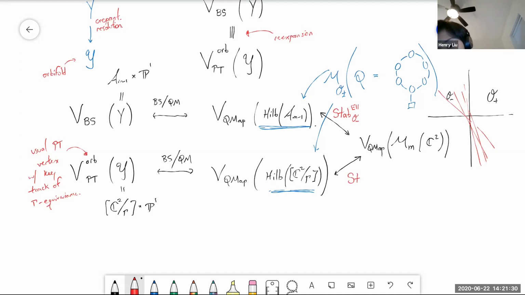And this will be the elliptic stable envelope associated to theta plus with appropriate normalization.